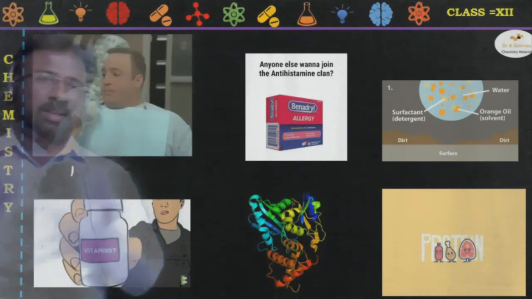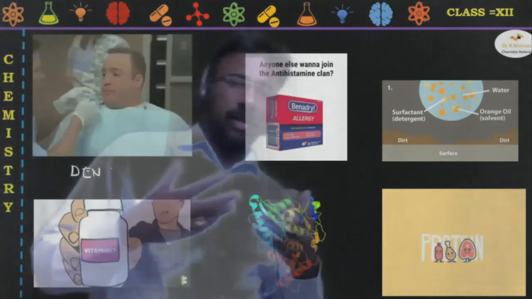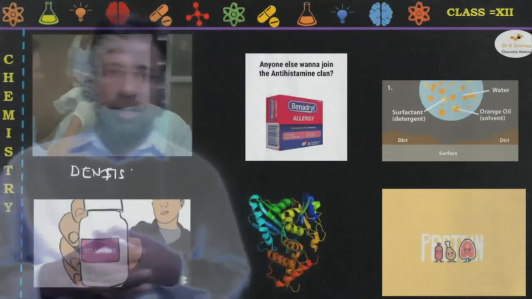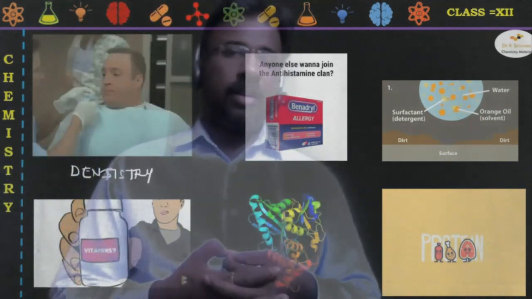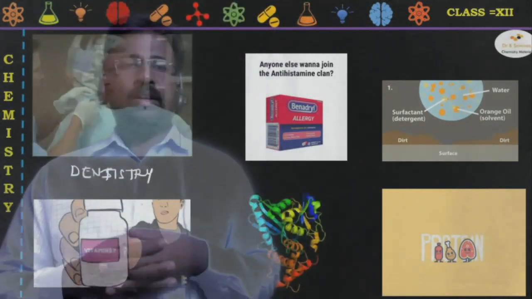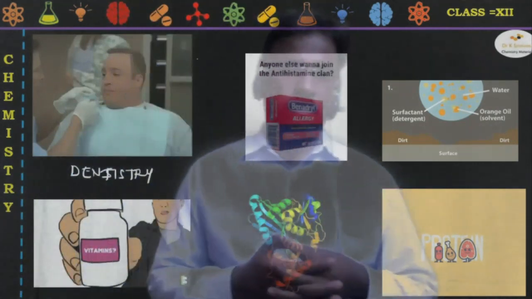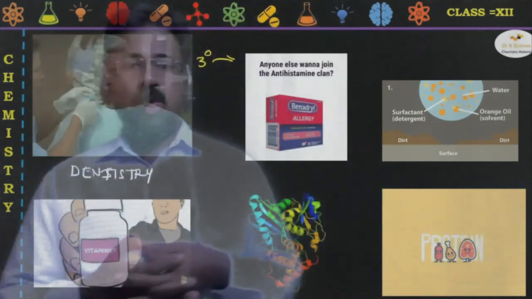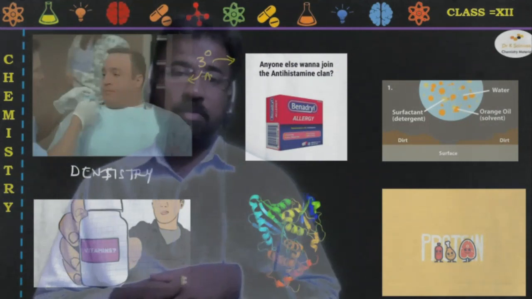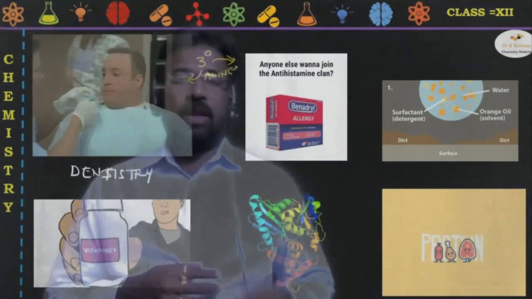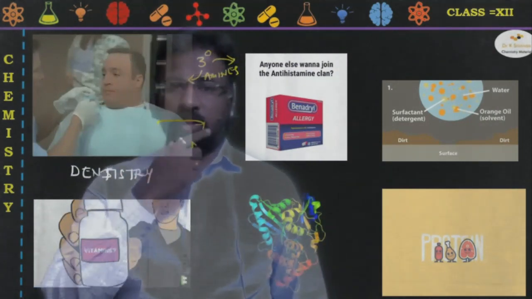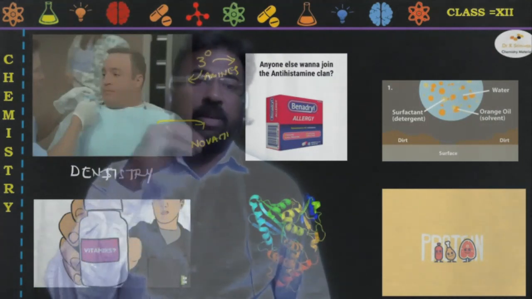Okay, now let's go to the third category, that is nothing but the tertiary amines, dear students. Tertiary amines have many applications. One of the famous examples is in the dentist. When they are doing some surgeries, obviously we have to apply some anesthesia.